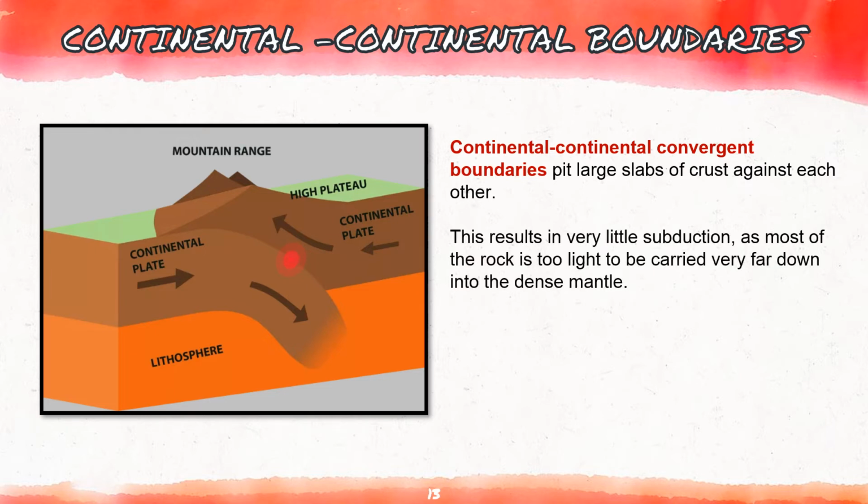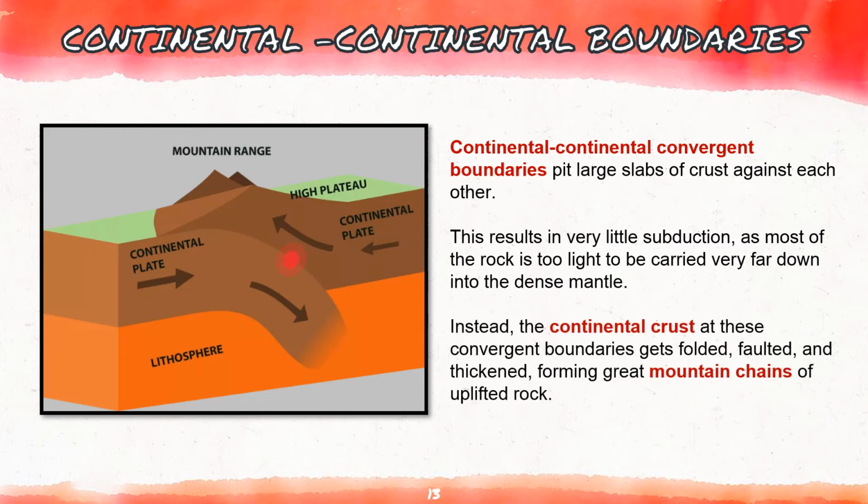This results in very little subduction, as most of the rock is too light to be carried very far down into the dense mantle. Instead, the continental crust at these convergent boundaries gets folded, faulted, and thickened, forming great mountain chains of uplifted rock.